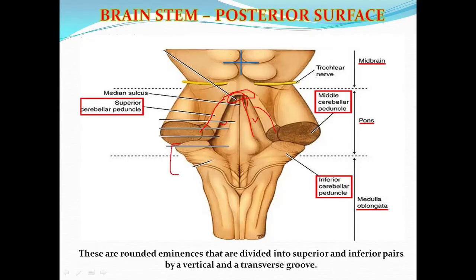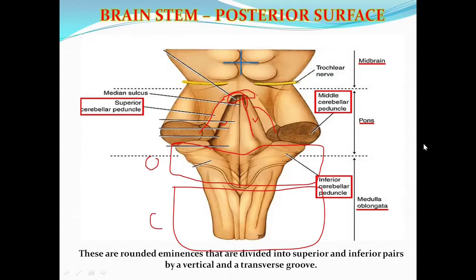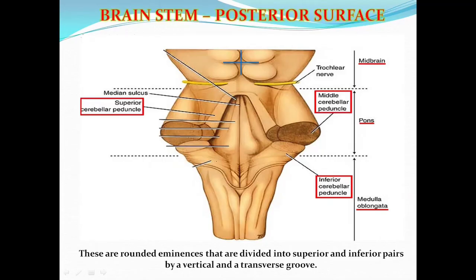the upper half of the medulla oblongata and the lower half of the medulla oblongata. This is called the open part and this is called the closed part. Here the pons and the medulla are separated by the striae medullares.